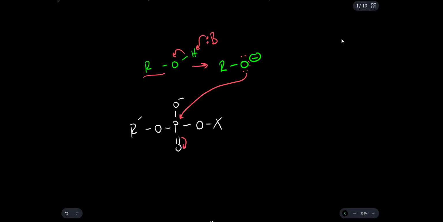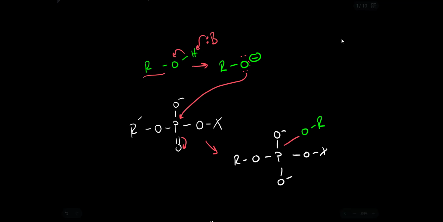The electrons flow up to the oxygen to give us an intermediate. This intermediate is a 5-coordinate phosphorus. Let me go ahead and draw it all out here. All right, so this 5-coordinate phosphorus with the new bond with this primary alcohol.